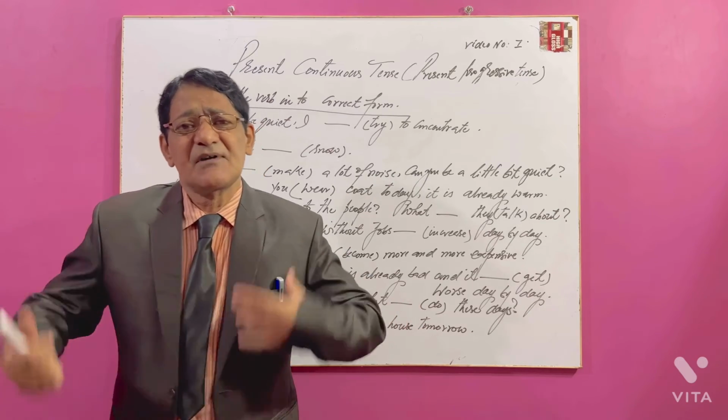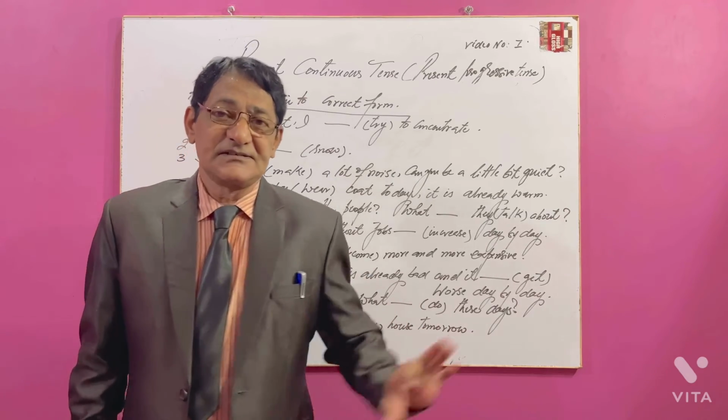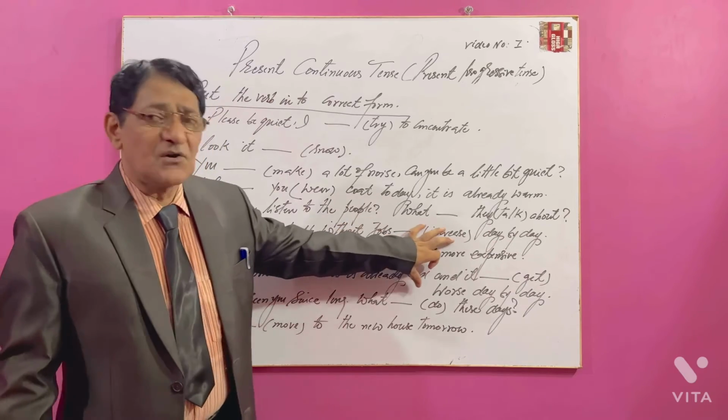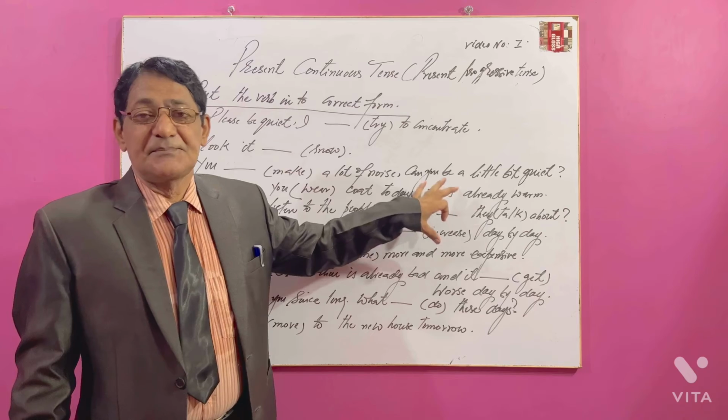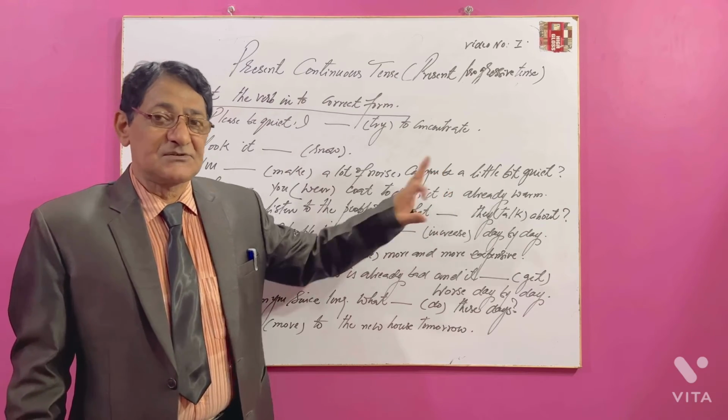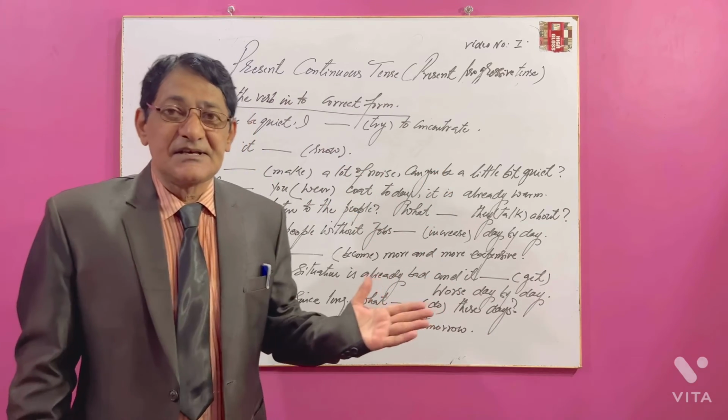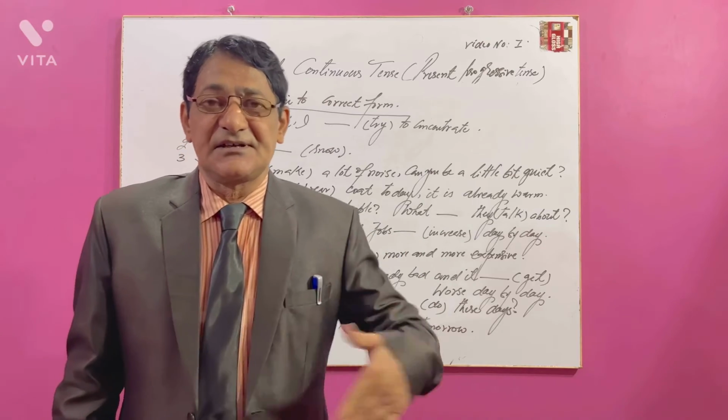Different situations have already been taught, but here the exercise has been given only to enable you to identify the proper use of present continuous tense and to understand in what sense the tense is talking about here.